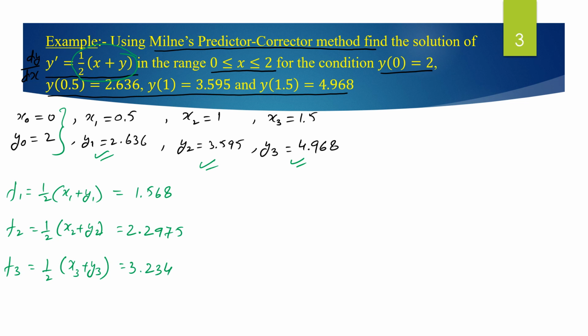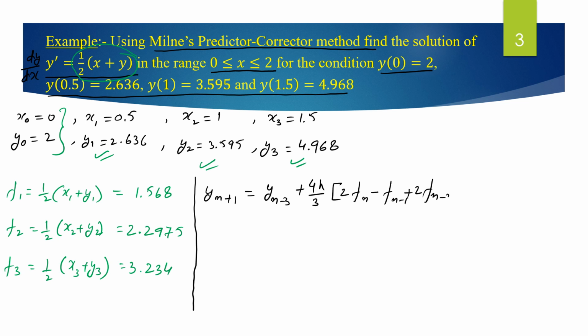Now we have to calculate the predicted value. According to the predictor formula, yn plus 1 is equal to yn minus 3 plus 4h by 3 into twice of fn minus fn minus 1 plus 2 fn minus 2.